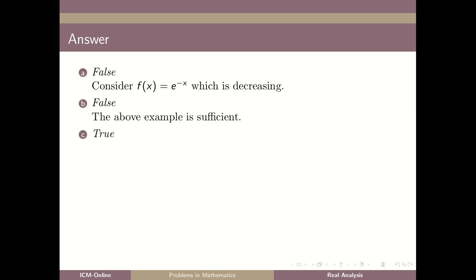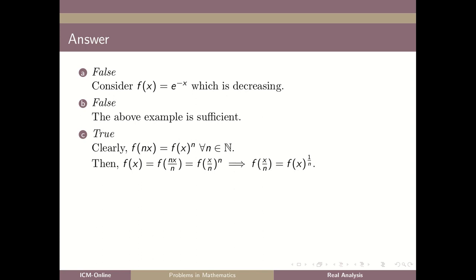Now option C is true. Clearly f of nx equals f of x to the power n for every natural number n. Then f of x equals f of nx by n, which is same as f of x by n to the power n, which implies f of x by n equals f of x to the power 1 by n.